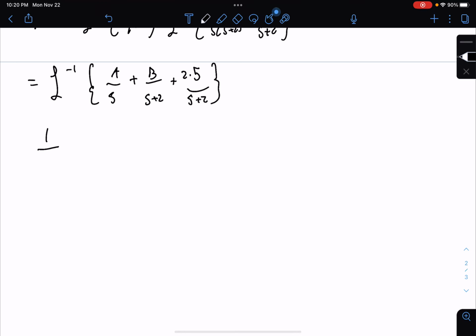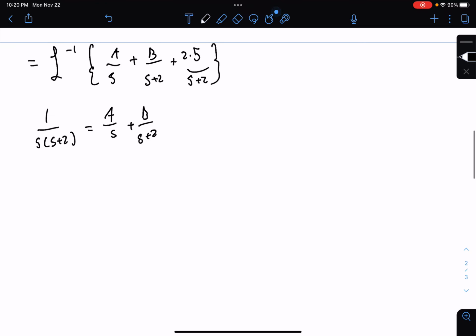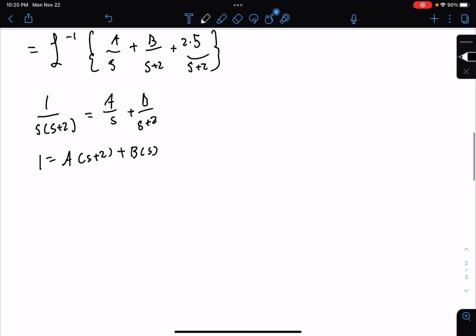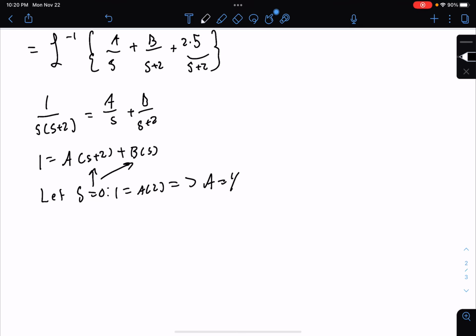So solving for the variables using the shortcut method, we get this. And we will let s equal 0. And when s is equal to 0, B cancels out. Therefore, we get this. And this ultimately turns into A equals 1/2.